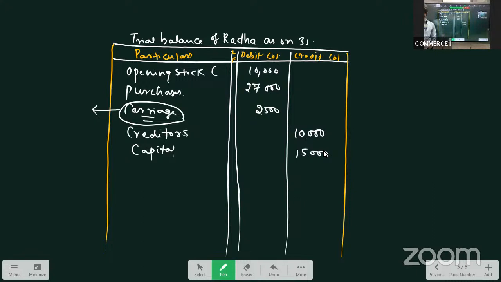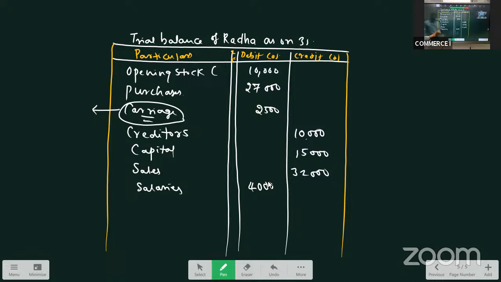It has to be placed in the credit column. Sales. Sales is the income. Incomes have to be placed in the credit column. So 32,000. Next is salaries. Salaries are an expense. How much? 4,000. Expenses will show a debit balance.